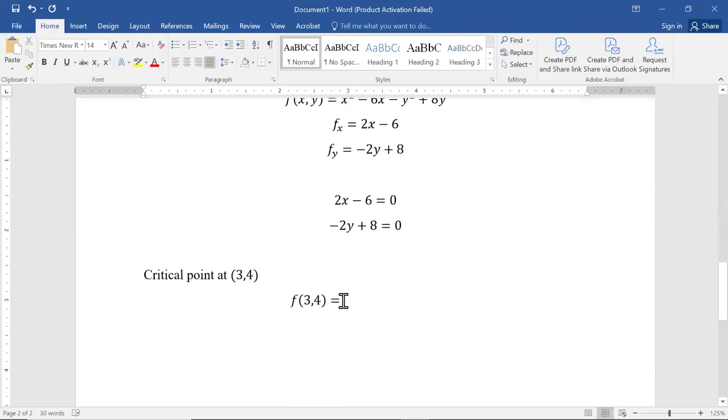So we're at the point 3, 4, 7 in R3. Now, I'm going to, again, visually determine what this critical point is, whether it's a relative minimum, a relative maximum, or something else.